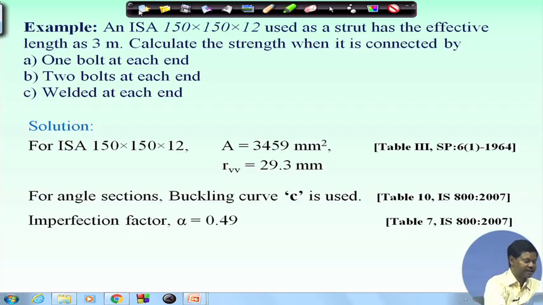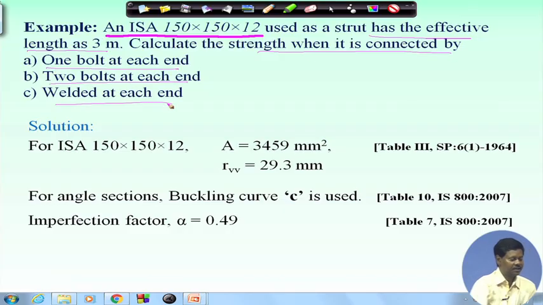So, let us take an example where an ISA 150 by 150 by 12 angle is used as a strut and has an effective length of 3 meter. Calculate the strength when it is connected by 1 bolt at each end, 2 bolts at each end and welded at each end. So, for these 3 cases we would like to find out the strength of the member.